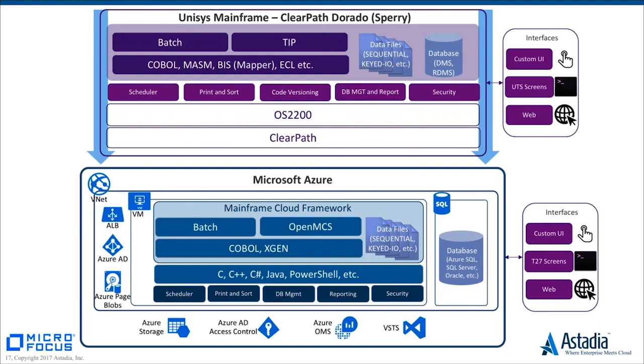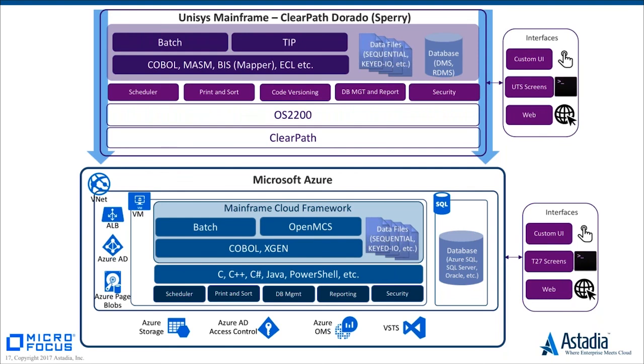So your interfaces, whether they were custom UIs or T27 screens or web browser-based screens, instead of pointing to the mainframe, will just point to your Azure environment. And there's very little disruption to your users. In fact, in most cases, they don't even know that the application has moved. They just know that it's working like it always has. And in many cases, it actually works faster than it did before.